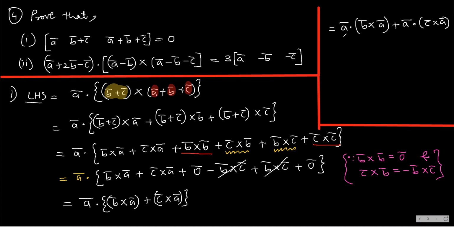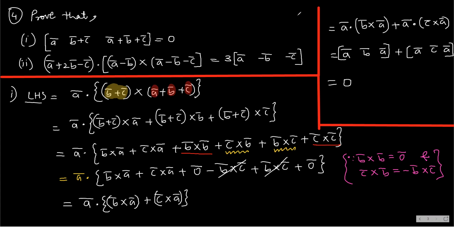Now tell me, students, is this not the definition of scalar triple product? Yes, it is. So how will I write A bar dot B bar cross A bar? I will write this as [A bar B bar A bar]. Okay, and plus here, how will you write? You will write [A bar C bar A bar]. Now here I understand that the value of this scalar triple product will be 0.